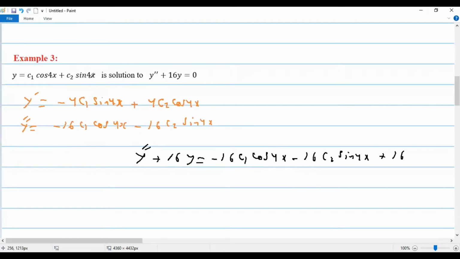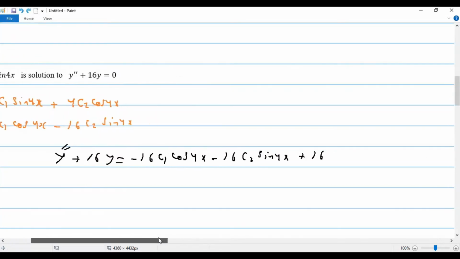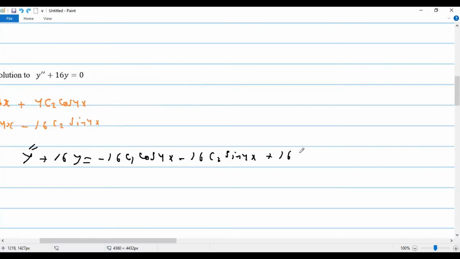The y given, this is the y: c1 cosine 4x plus c2 sine 4x. So I have 16 c1 cosine 4x plus 16 c2 sine 4x. Now we have to simplify.